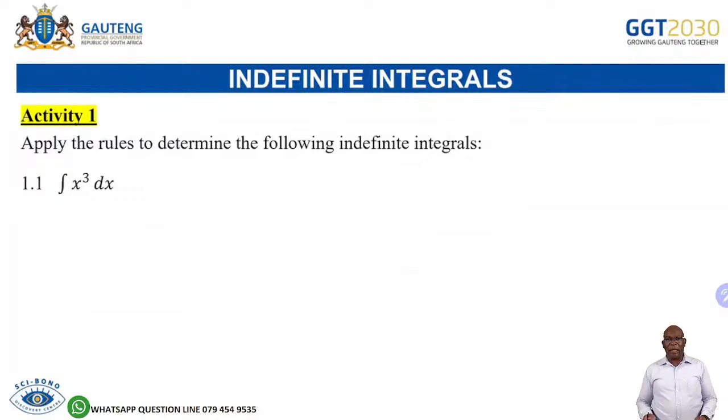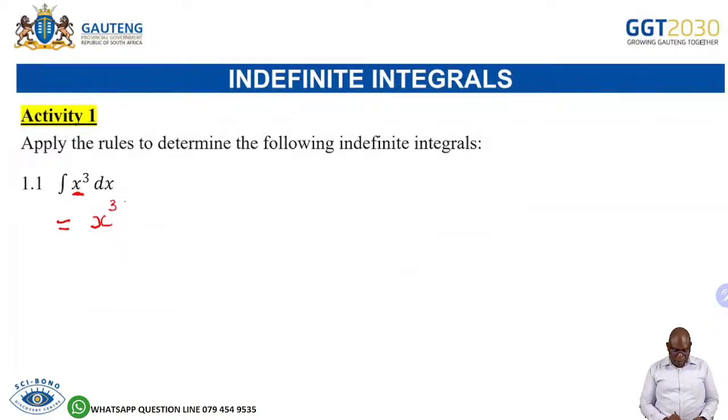So in this case here, I'm just going to start integrating because I don't need to do anything on that integrand. In the x to the power 3, I don't have to do anything. So what am I going to do? I'm just going to write the equal sign, and from there the integral sign falls off. So I'm now going to write x. What do we do with the exponent? You can see now you know how to do it.